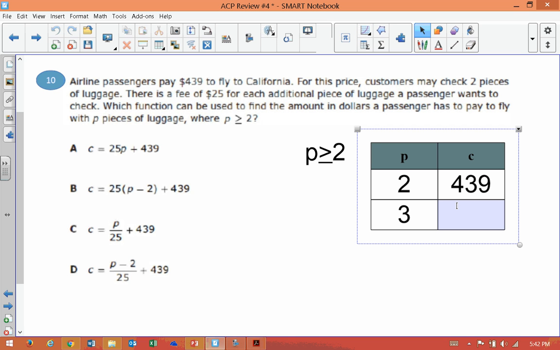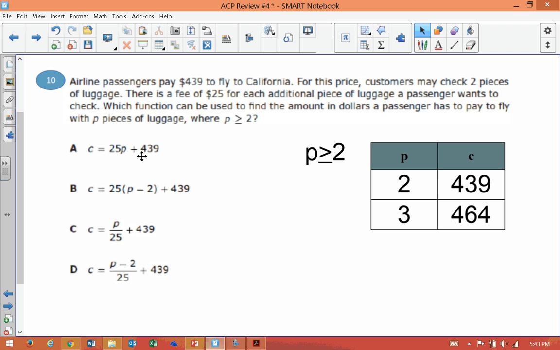So that's going to give me 464. That should be my cost. So whichever equation matches these 2 values here, for P is 2 or greater, then that would be our equation. Well, some of these we can rule out right off the bat.